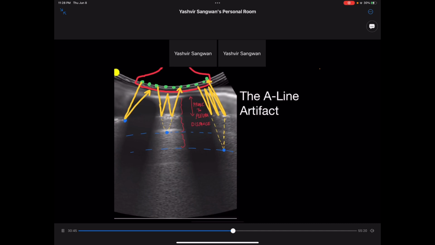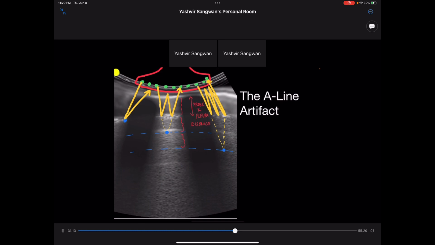In 1990, Dr. Lichtenstein then said, if I see a normal lung with an ultrasound, I see nothing. That means if I see something, there is a problem. So lung ultrasonography is basically made on lung artifacts. Lungs just give you artifact. You never really see real lungs.